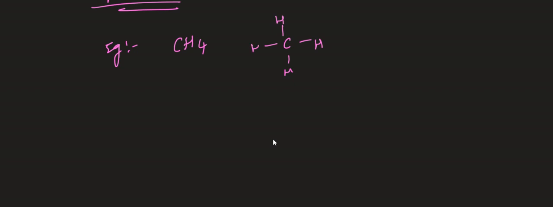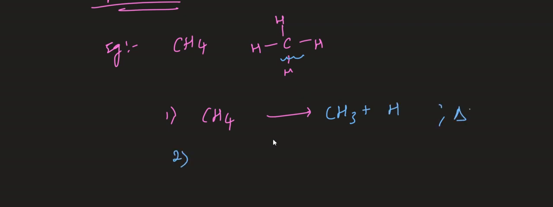In the first step, CH4 gives rise to CH3 plus H, remember, we cannot break all the bonds at a time, one by one we have to break. Now in the second step, CH3 gives rise to CH2 plus H, one more bond broken.